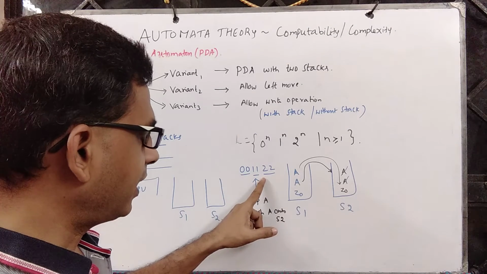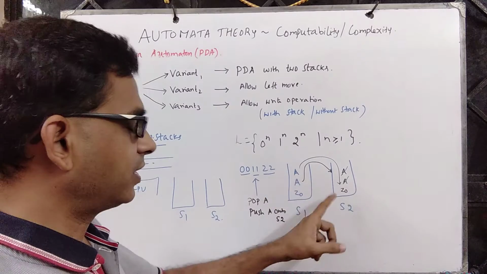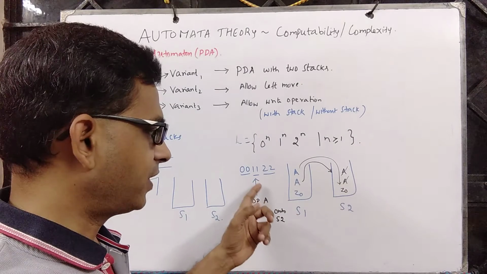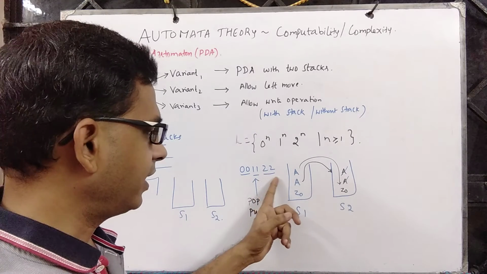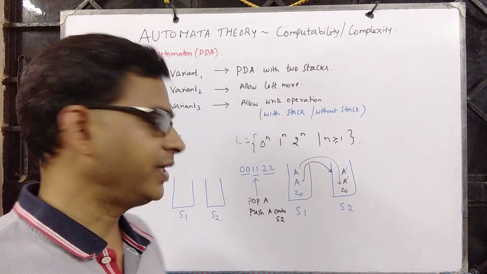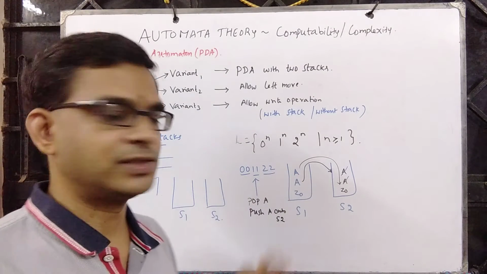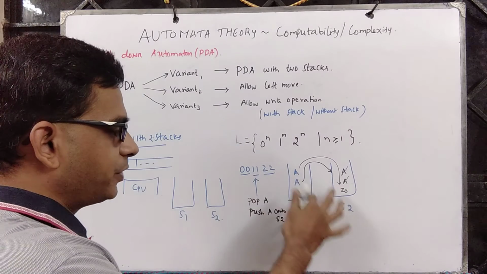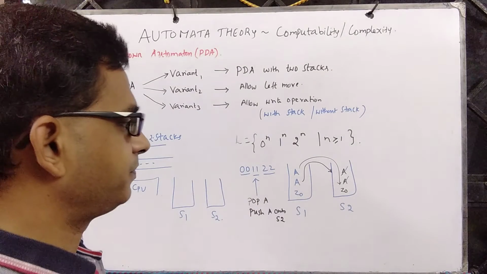So when we come over here, we know that zeros and ones are one and the same, and we still remember that information using S2. We still know the number of ones read or zeros read using S2, and when we start reading 2, we perform pop, and at the end, if the stack 2 is empty, you conclude the input is of the form this, and you accept the language. So it's interesting to see that the moment you introduce one more stack, we are able to accept this language.